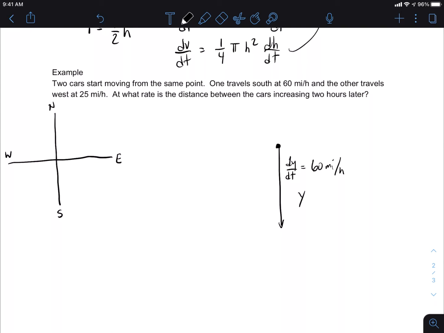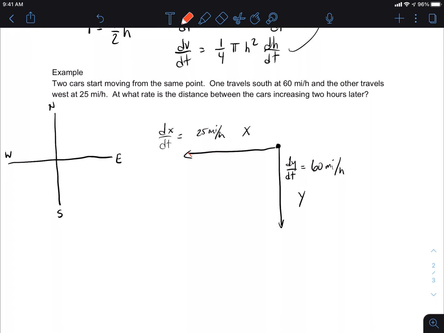And then it says the other travels west at 25 miles per hour. So we'll call that our dx/dt, right? So this direction will be x. And it says at what rate, so they're looking for a rate, is the distance between the two cars increasing 2 hours later.